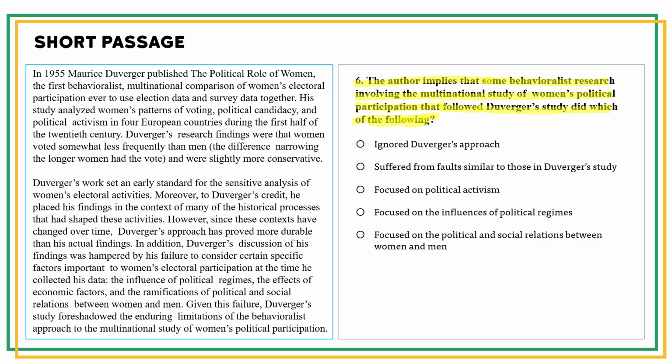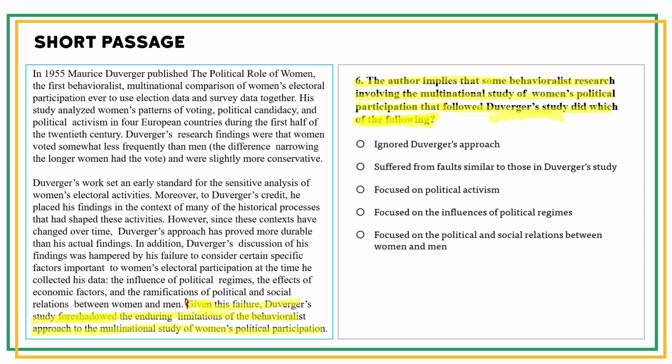So let me look for lines which touch upon the topic of studies that came after Duverger's. There was a word, foreshadowing, that is used for things that come after. So, given this failure, Duverger's study foreshadowed the enduring limitations of the behavioralist approach to the multinational study of women's political participation.